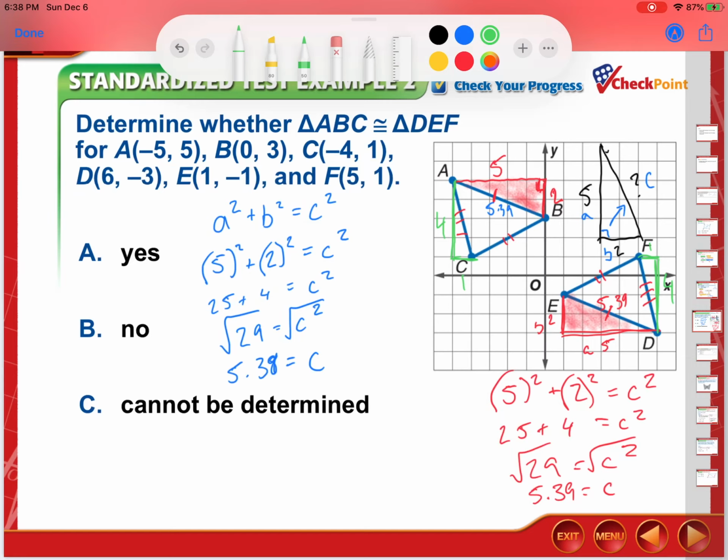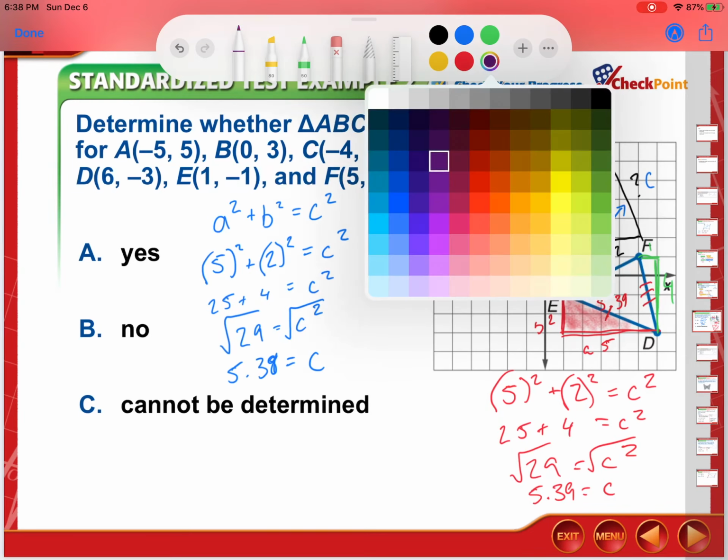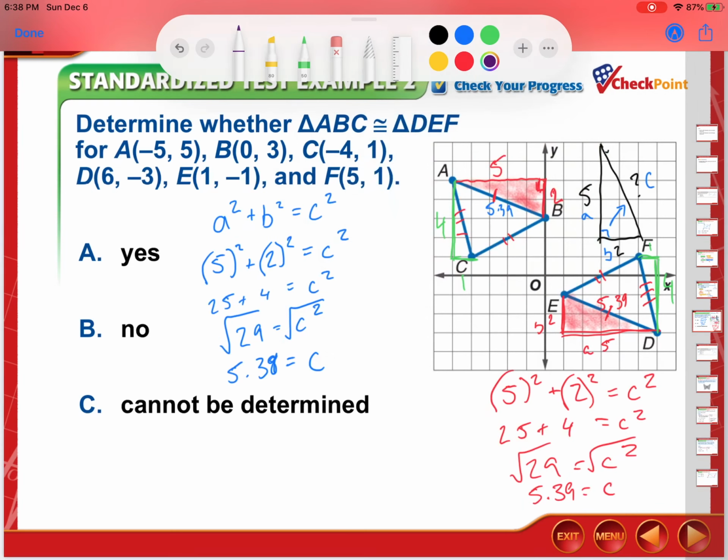I don't know what it is off the top of my head, but I know that side length is going to be the same because 4 squared plus 1 squared is going to equal c squared. And I can do the same thing for this final side. I can go from C to B, making a right triangle, and I can see that the dimensions are 2 by 4 to make that right triangle.